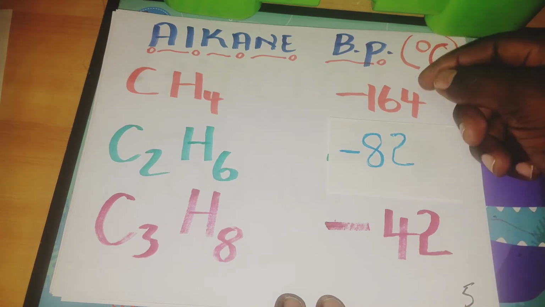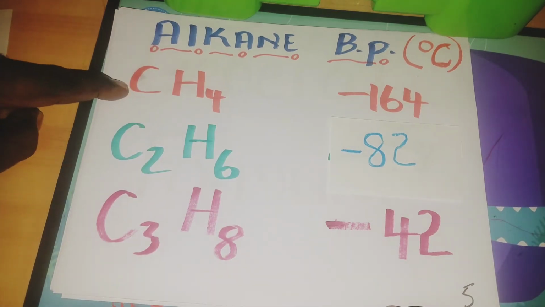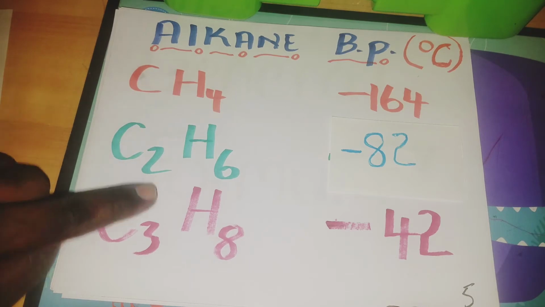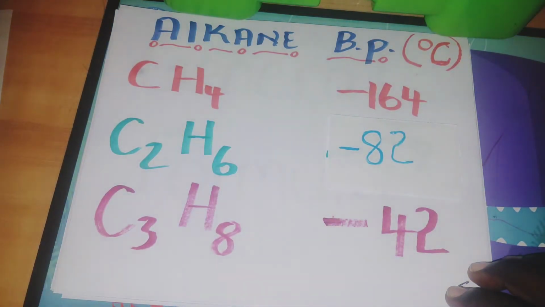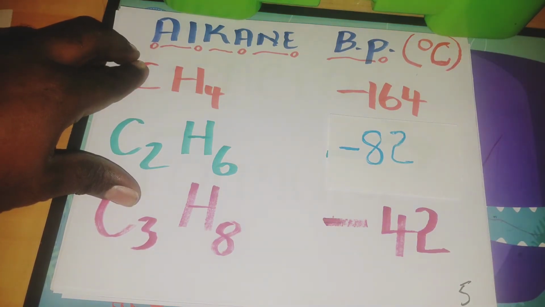So you can see that there is a general increase in the boiling point of the alkanes as the number of carbons increases, because you're moving from carbon number 1 to carbon number 2 to carbon number 3. Not only the boiling point, but the melting point would also increase.